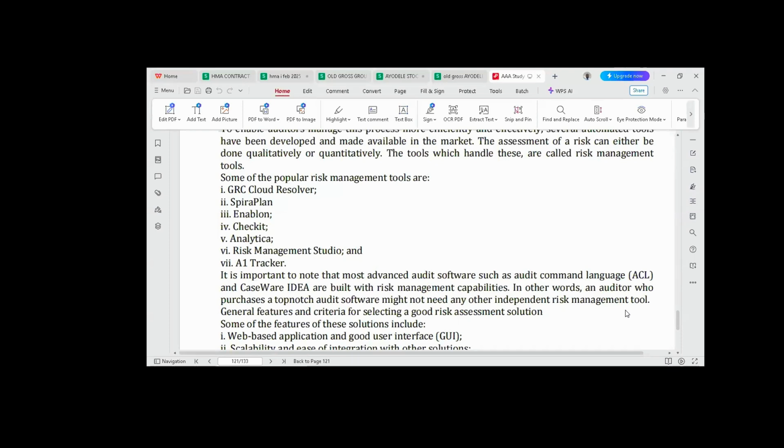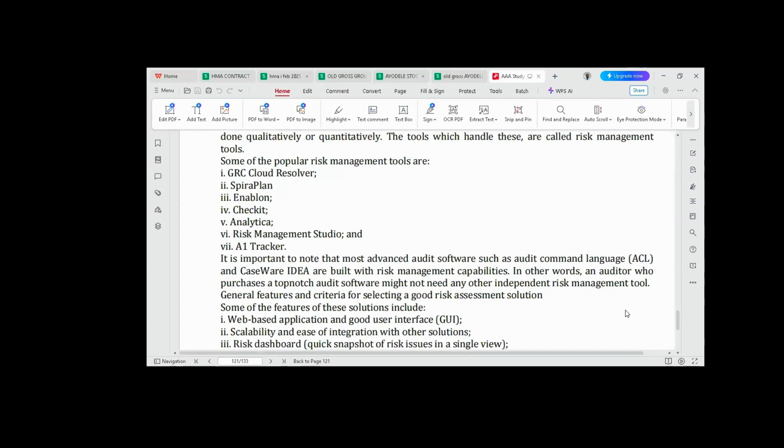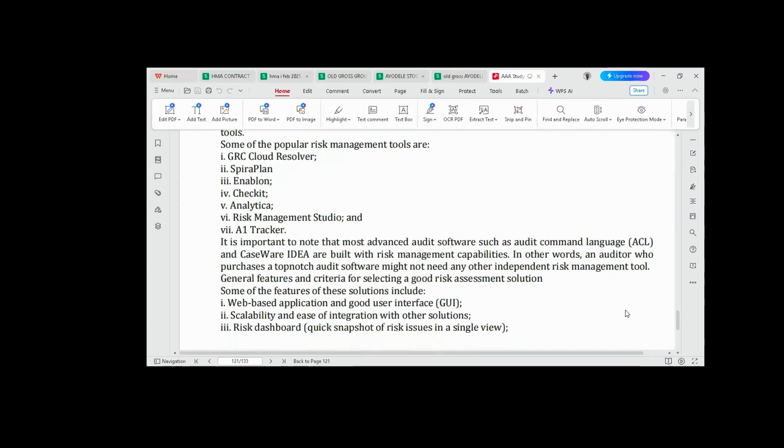Some of the features of these risk management tools are that they are web-based applications with a good user interface. What do we mean by that? If you go to the web, to the URL, the Universal Resource Locator, that place where you normally type www, most of these risk management software are web-based.